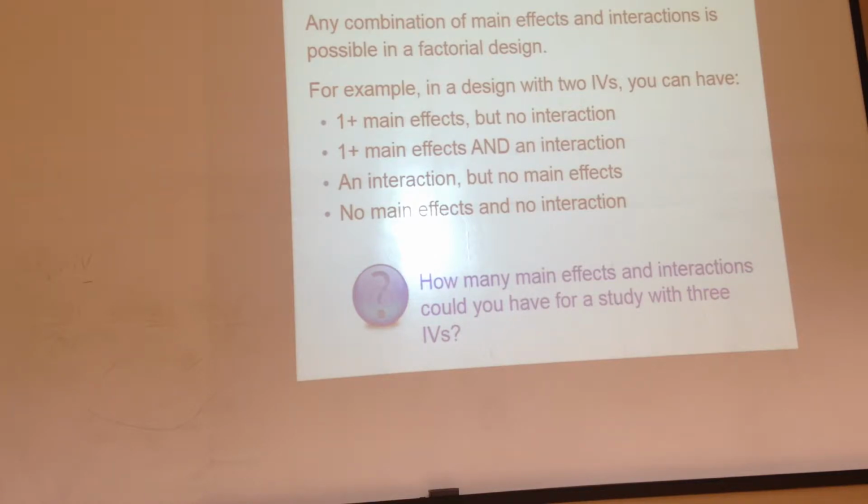What happens if I have IV1, IV2, and IV3? How many main effects can I have? 3. 3, right? 1 for each IV, right? Okay, so I can have 3 main effects.